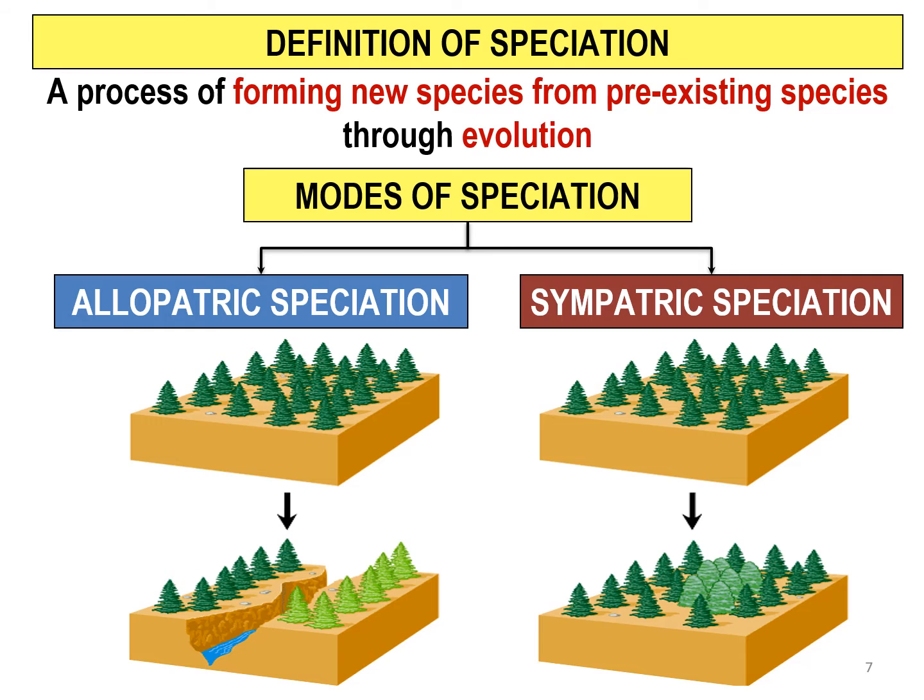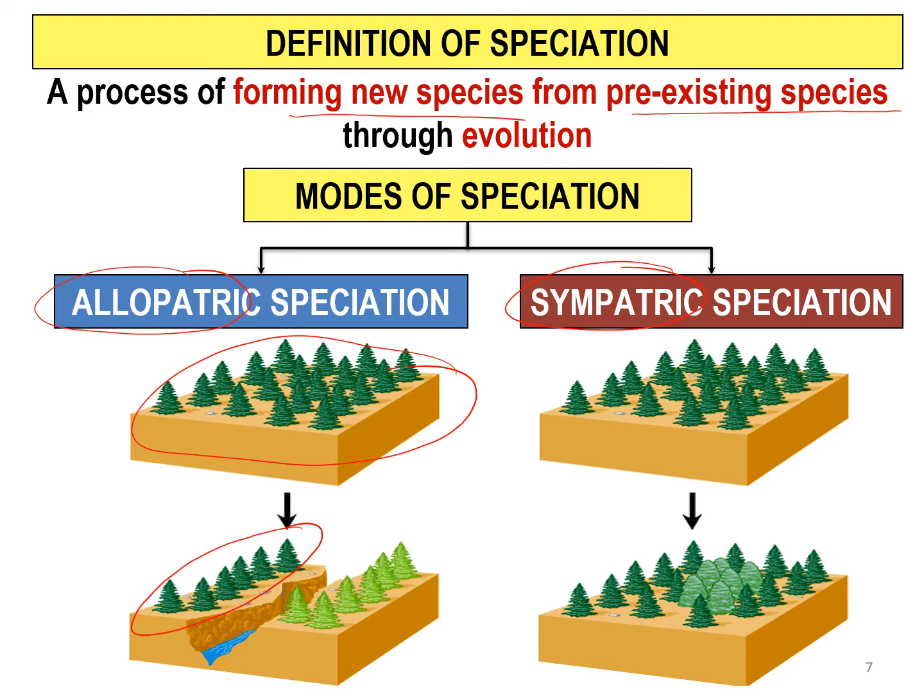Speciation is a process of forming new species from pre-existing species. So the modes of speciation, what causes speciation? Ada kaedah untuk pembentukan spesies yang baru. Ada dua, iaitu allopatric speciation and sympatric speciation. From this diagram, it shows that something happens to the geography or the environment in the area.